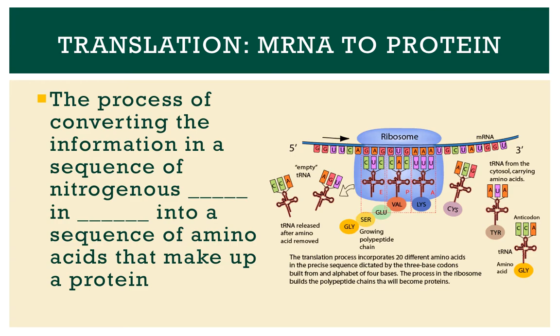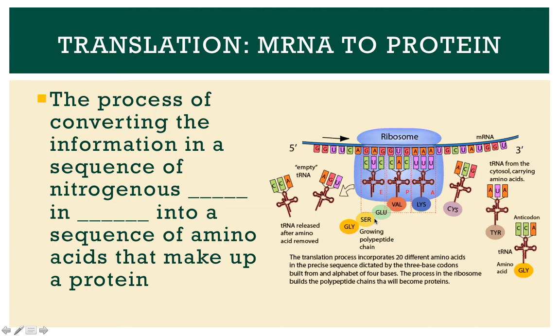So again, we can see the ribosomal subunit attached to mRNA in the image, and we've got a bunch of free-floating tRNA, with anticodons bonded to different amino acids, and these amino acids are bonded together, and they are growing a polypeptide chain.